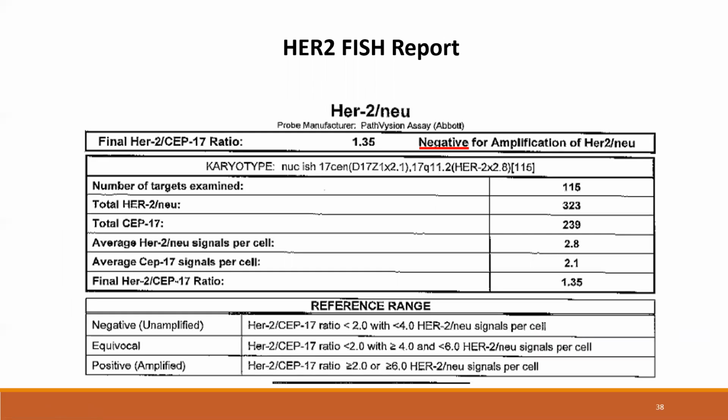Okay, here's an actual fish report. Again, you do not need to text everything on here. The first thing I want to know is if I have a single probe or a dual probe. And I have a ratio, so that tells me I have a dual probe. So really, 3 things.